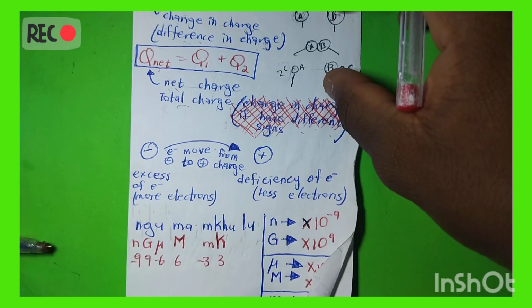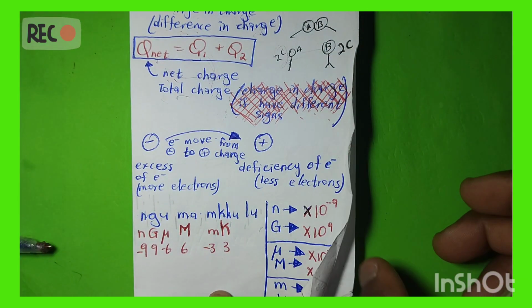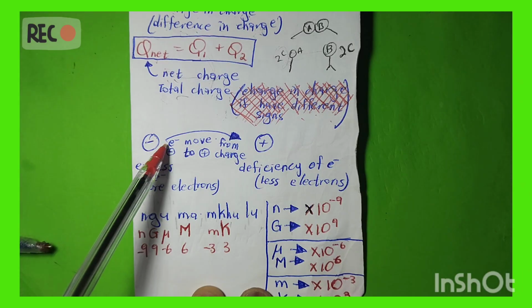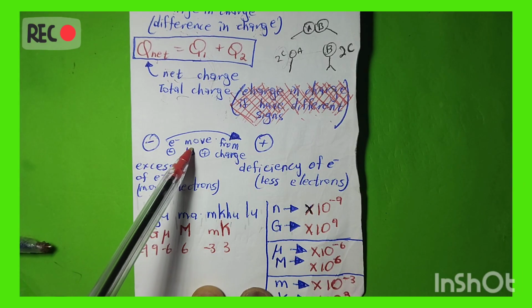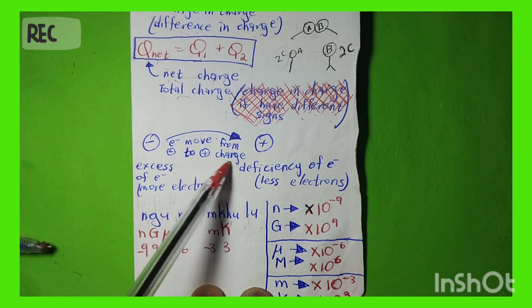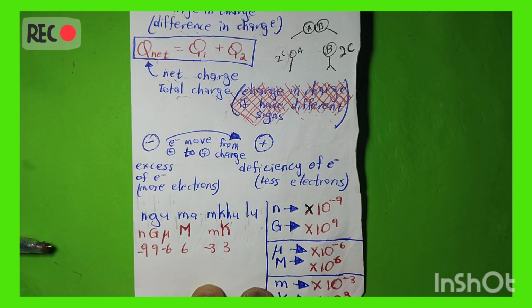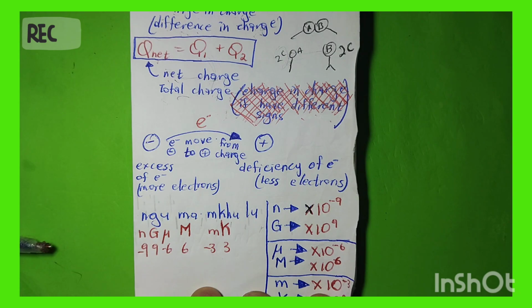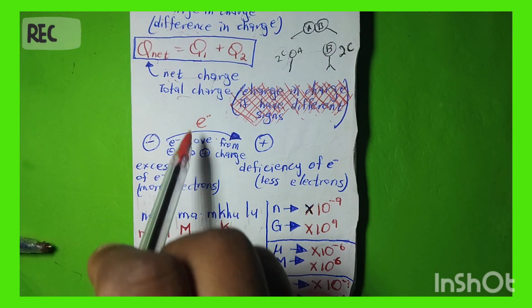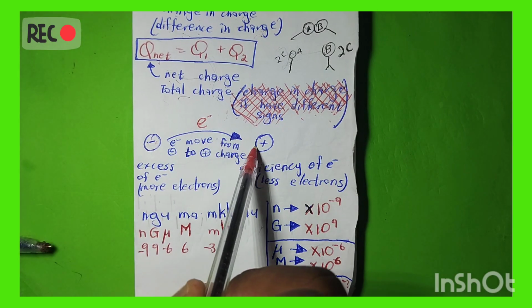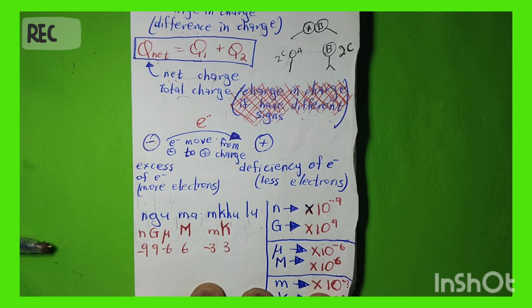Okay guys, now let's go from here. A key thing that you should understand is that electrons move from negative charge to positive charge. This thing is the symbol for electron, take note of it.